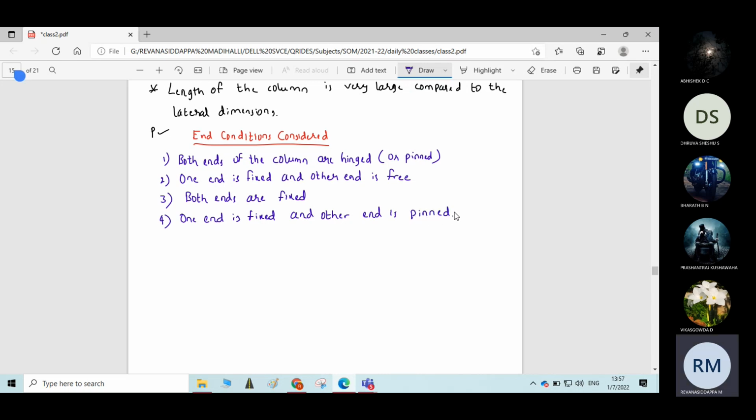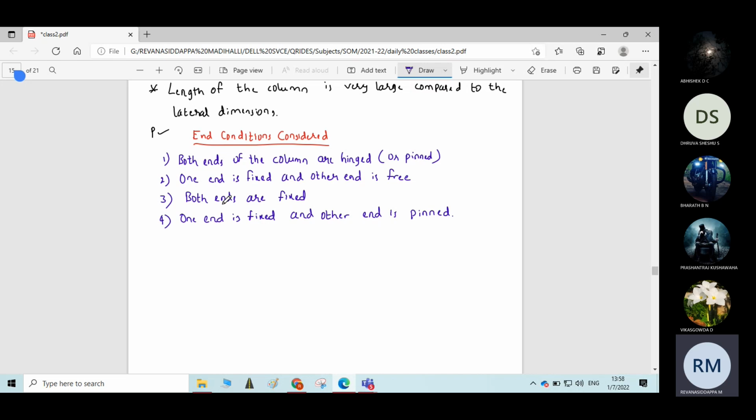These are all the different end conditions considered for deriving the equation for buckling load P. Therefore, there are 4 derivations for the different end conditions, and you need to prepare for all of them.